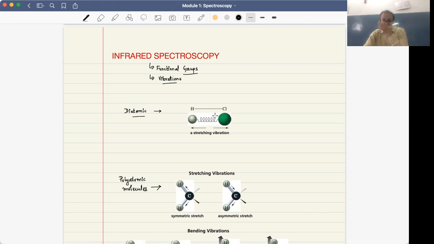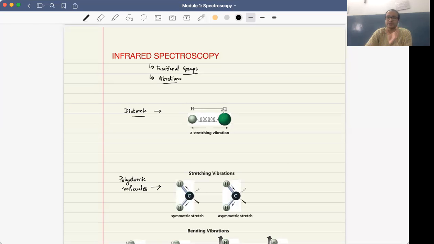We should always know that at room temperature, the bond in a diatomic molecule is not a stiff bond, where H and Cl have a constant bond length of some Angstrom. It's not like that. This bond is kind of an equilibrium distance between these two atoms.